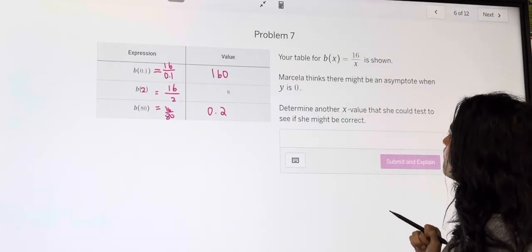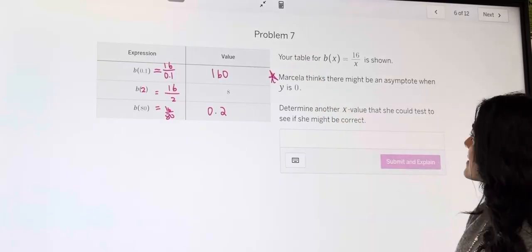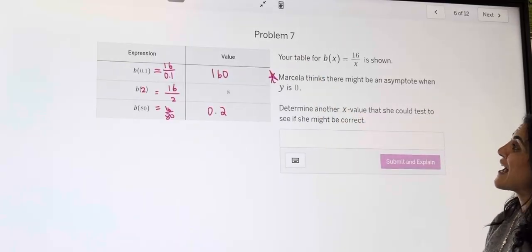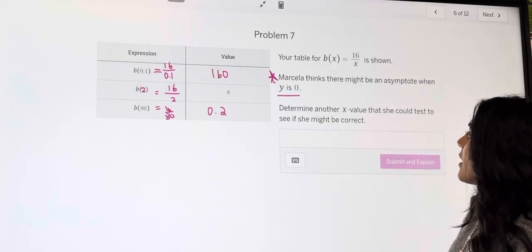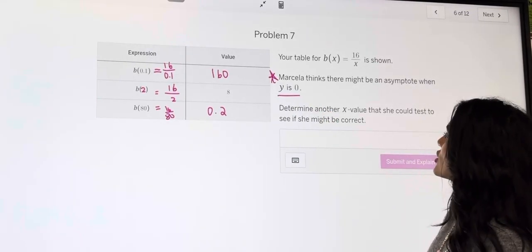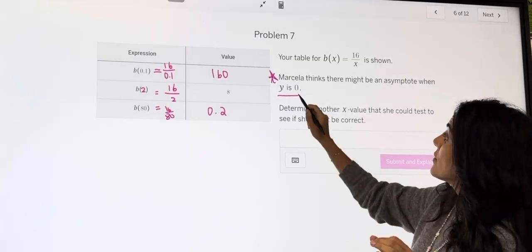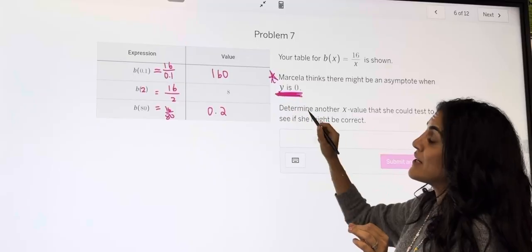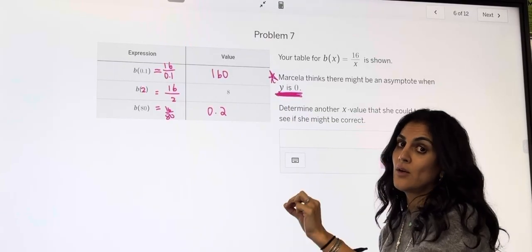And now we're gonna see what Marcella is thinking. Marcella is thinking that there might be an asymptote, maybe, when y is 0. What's another x value that she could test to see if she might be correct? All right, an asymptote at y equals 0, meaning we approach y being 0 without ever reaching y being 0.